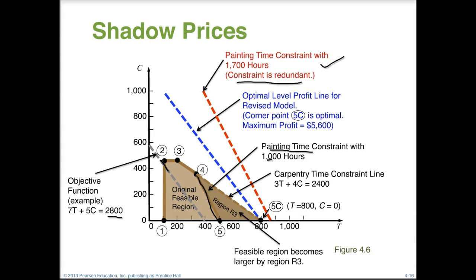Okay? Now, what that increase in painting hours does affect, however, is our optimal solution. And so this line right here is our revised level profit line, meaning now that our feasibility region has expanded, because we expanded it from 1,000 to 1,700, the only place where our objective function level line is going to intersect is right here.